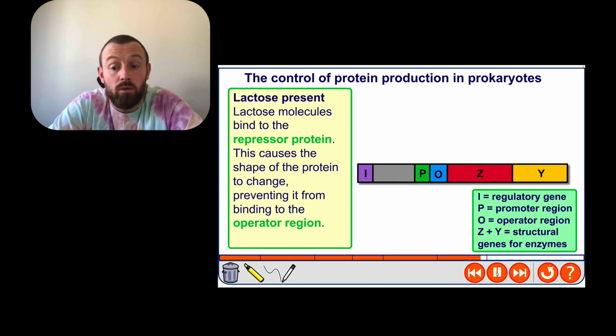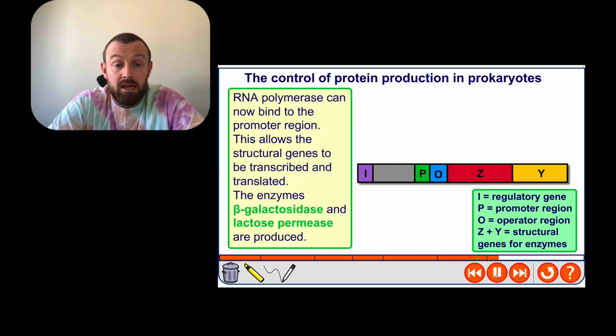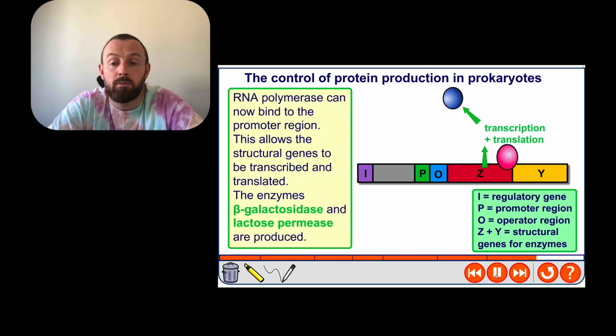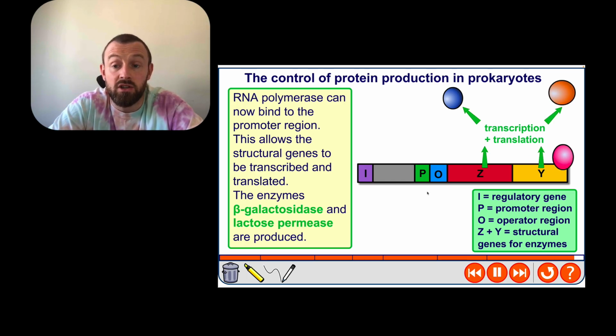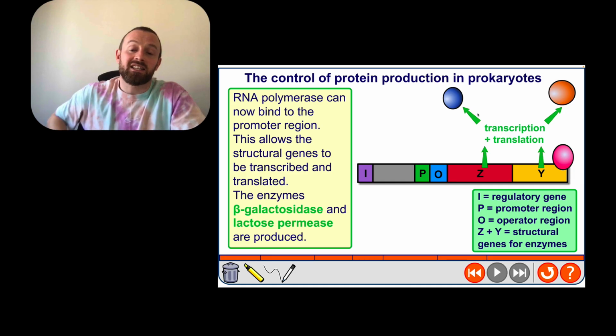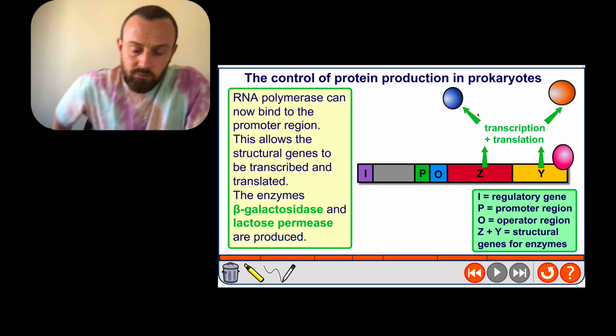So now the promoter and operator region are free. This means that the RNA polymerase can bind to P and O, and we get the transcription and translation of the structural genes, which means that lactose is taken into the cell and then broken down.